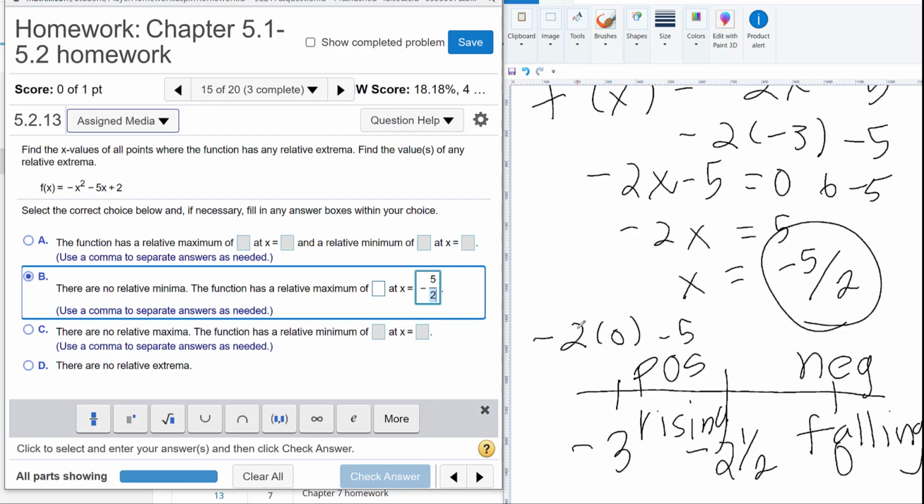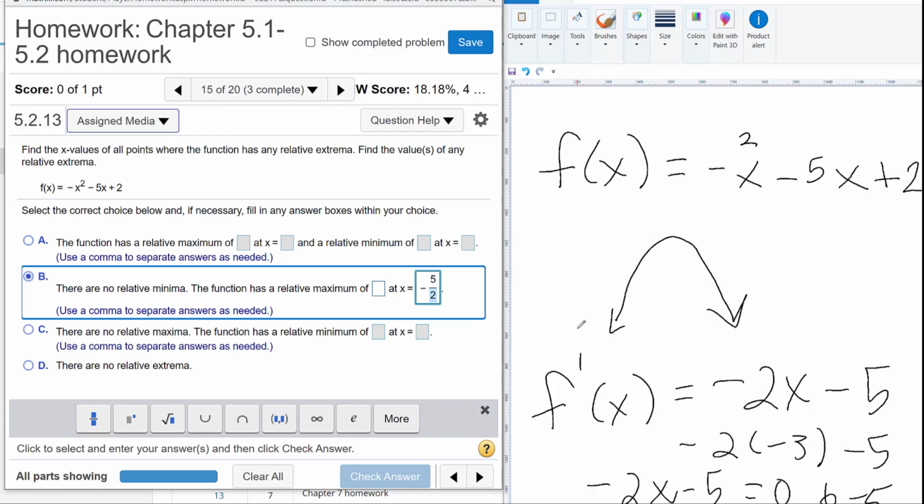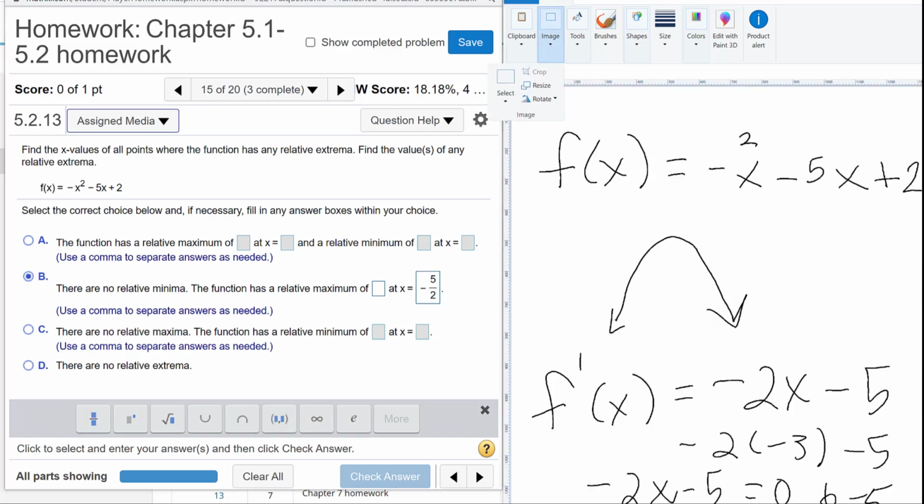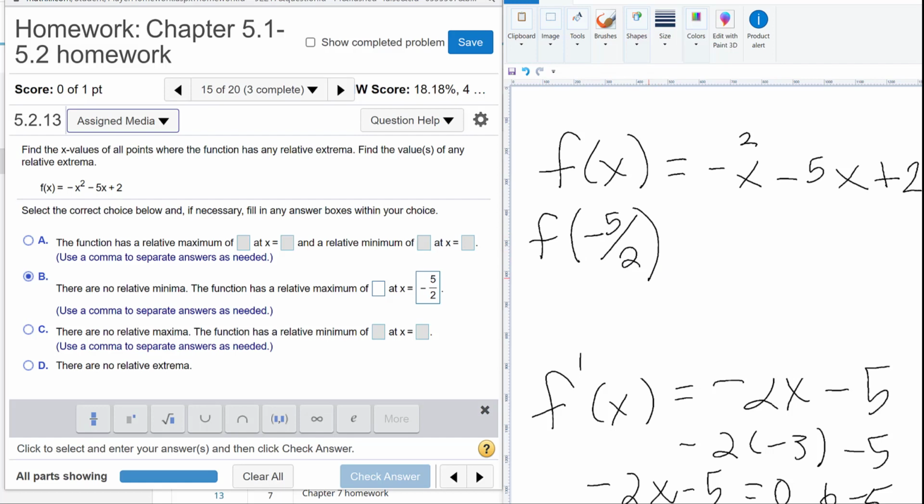But we've got to go back to our original function up here. And in that original function, we've got to put the place where it's having a local extrema, or a relative extrema. So we've got to do f of negative 5 halves, not f prime. We know what f prime of negative 5 halves is.